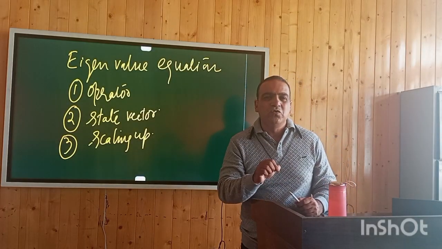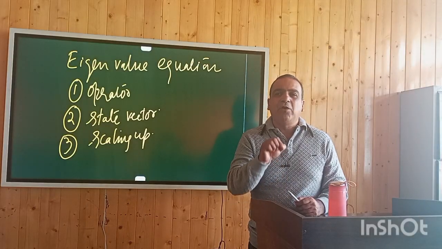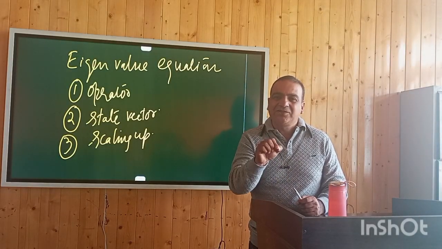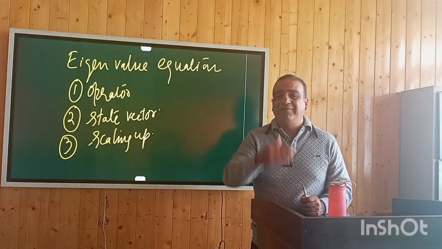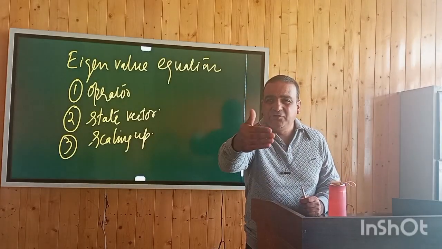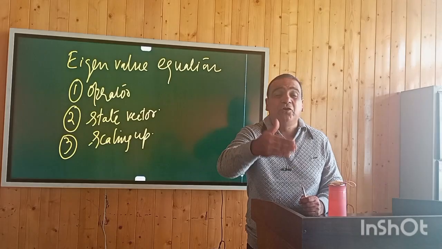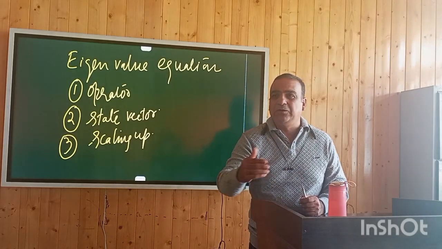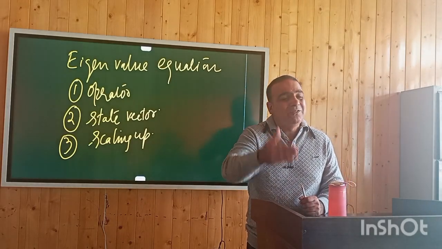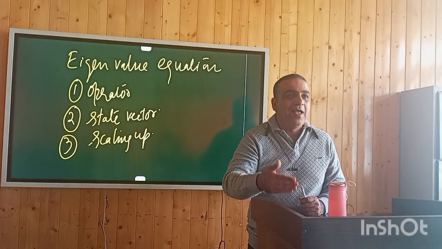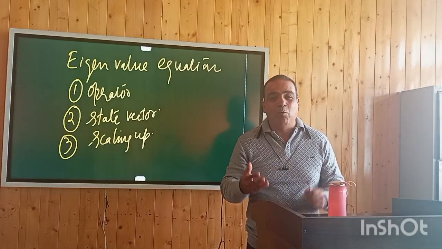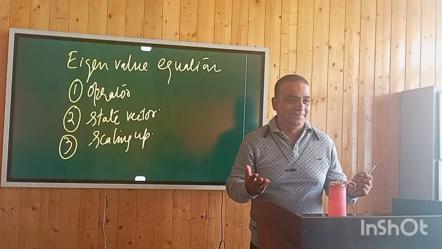And this is true even if your operator acts on a range of such vectors. When it acts on a range of such vectors, you can have a range of these eigenvalues, and corresponding to each eigenvalue, you will have an eigenvector. Now, what do you mean by eigenvector?